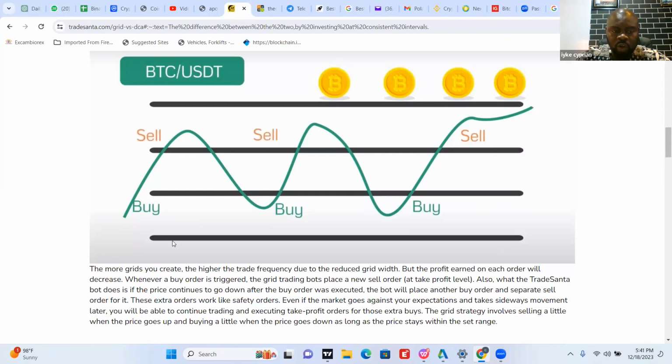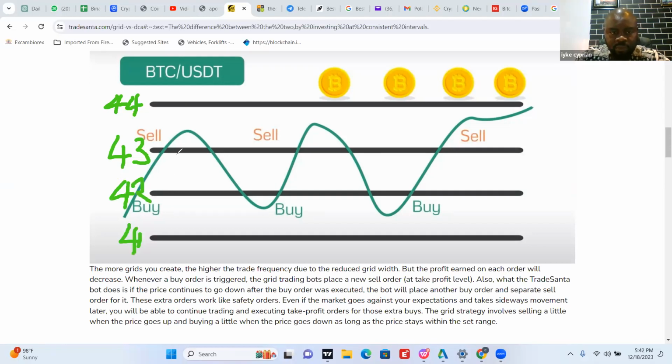So it works with different grids. You have different lines. So I like to use Bitcoin again. So you have Bitcoin at $44,000. You have here 43,000, 42,000, and you have 41,000.